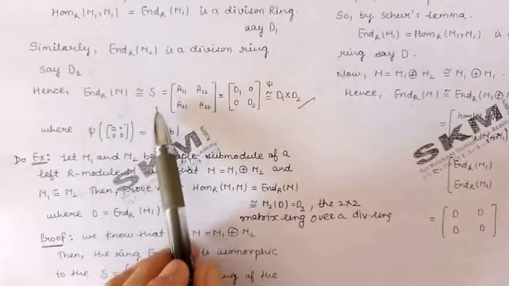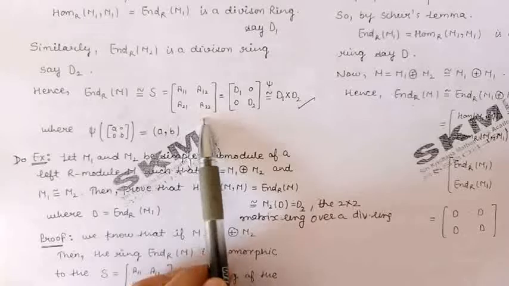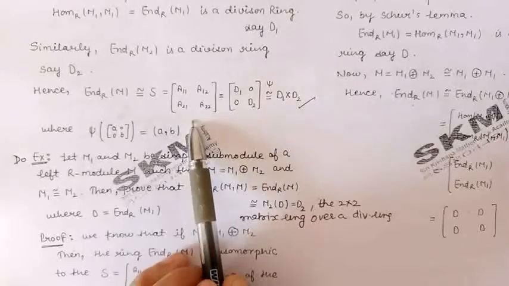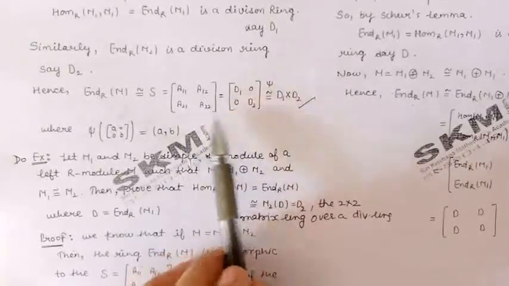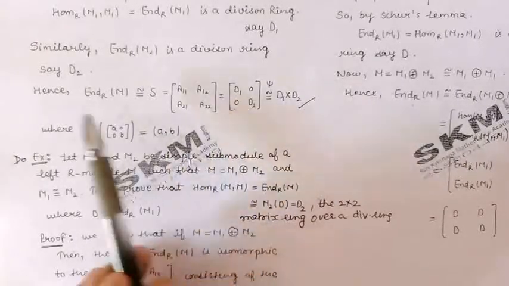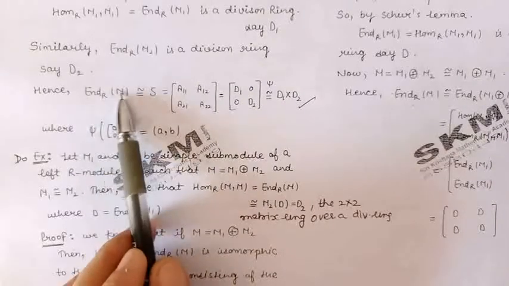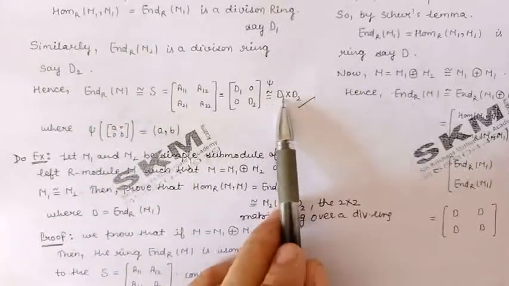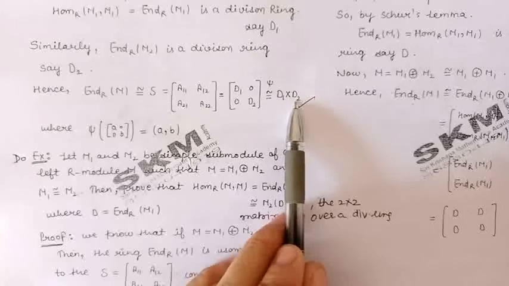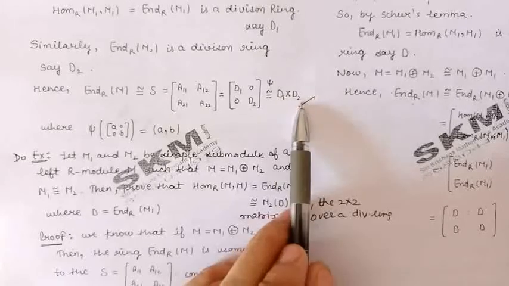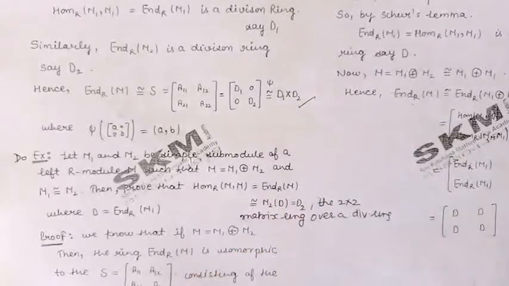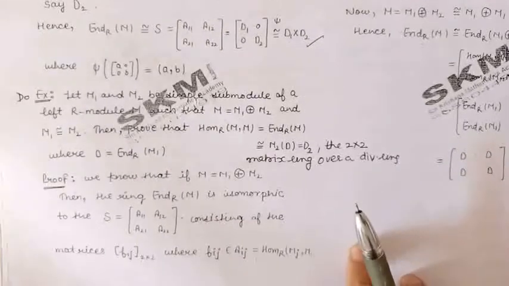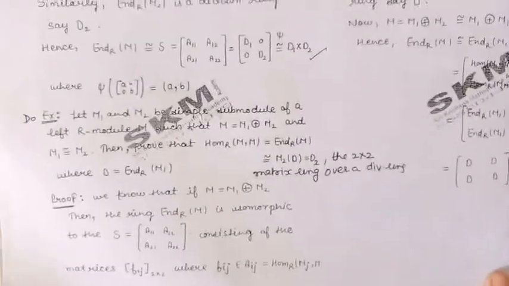Now this S is of this form, and substituting the values which we have obtained, we can say that the ring of endomorphisms of M over the ring R is isomorphic to the direct product of D1 and D2. Here D1 and D2 are division rings. So this completes the proof of this exercise.